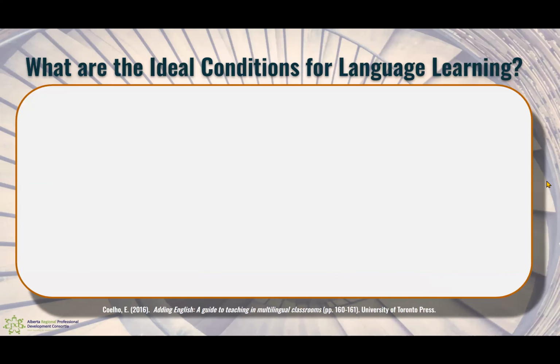Great. So thinking about that and comprehensible input, we need to think about what the ideal conditions are for language learning, and we're going to see how those language objectives tie into that. This is from Elizabeth Coelho and her work, Adding English, a guide to teaching in multilingual classrooms.